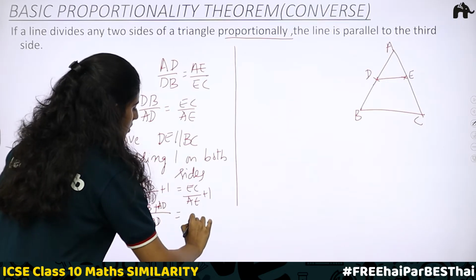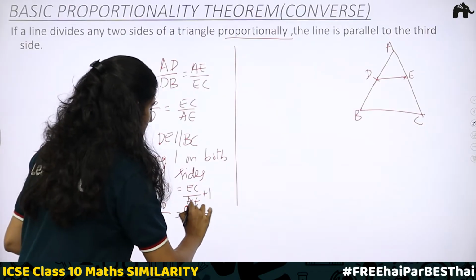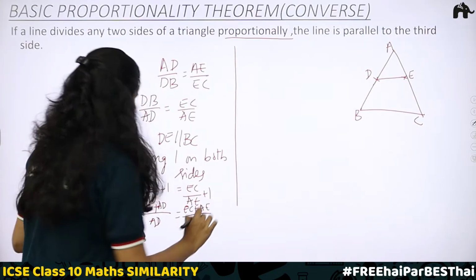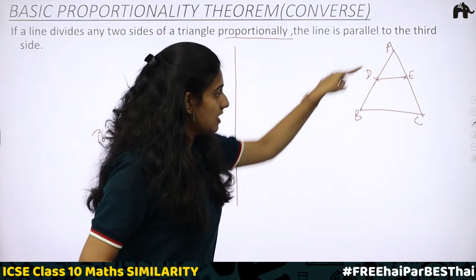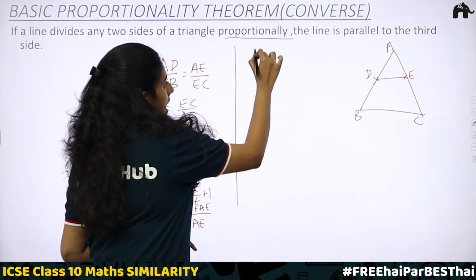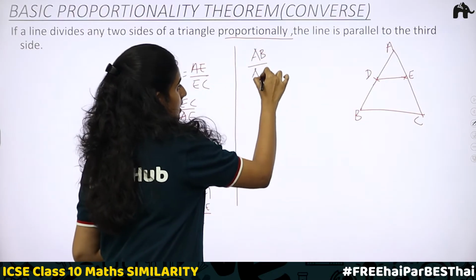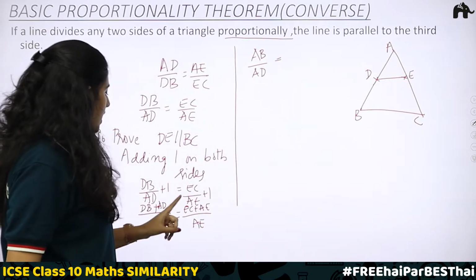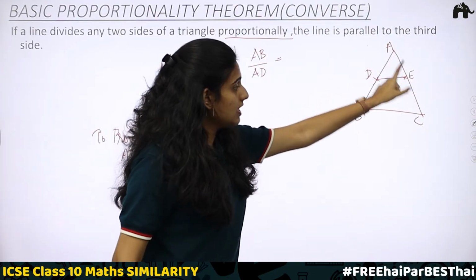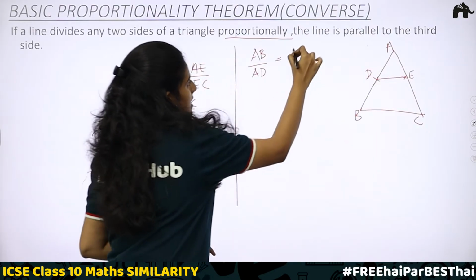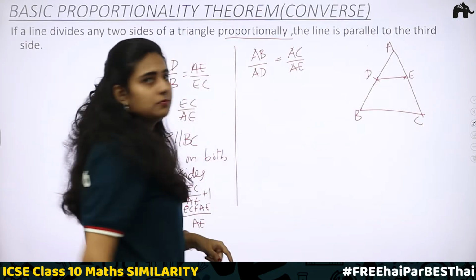That is equal to here LCM AE in the numerator EC plus AE. What is DB plus AD? This is AD and this is DB. That is equal to AB. Yes. So we have AB divided by denominator AD is equal to EC plus AE. This is EC and this is AE. Therefore, EC plus AE will be equal to AC. AC divided by AE. Okay.